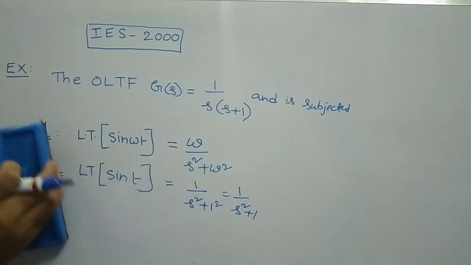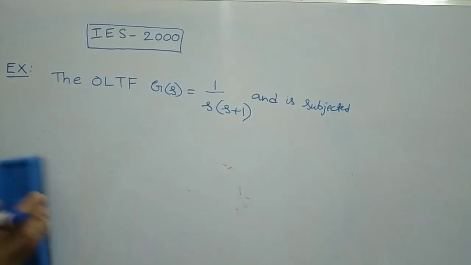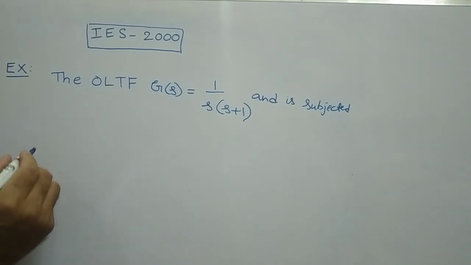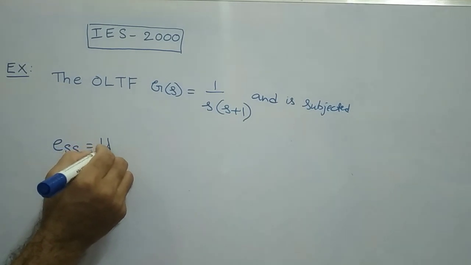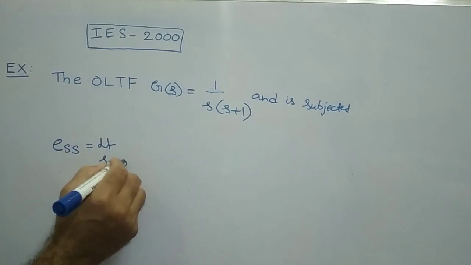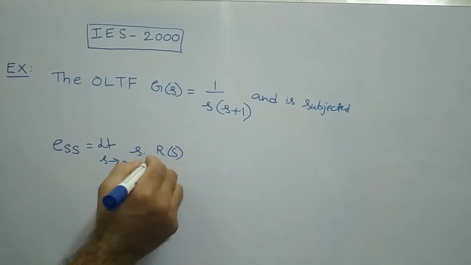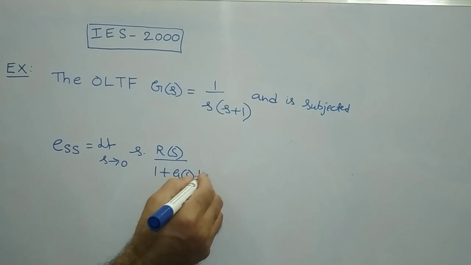Therefore, you substitute that in the definition of ESS. If you substitute that, then ESS is equal to limit s tends to 0 of s into R of s by 1 plus G of s into H of s.